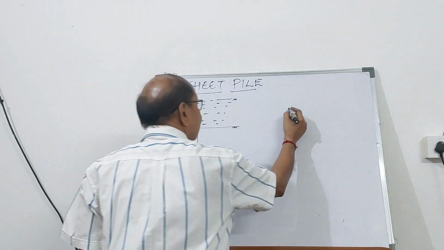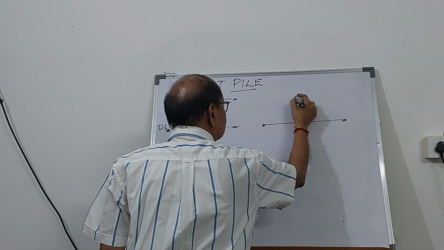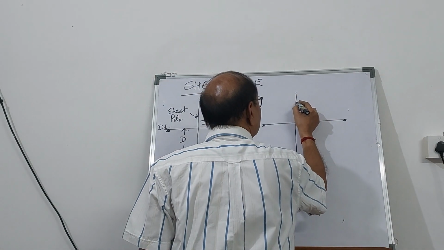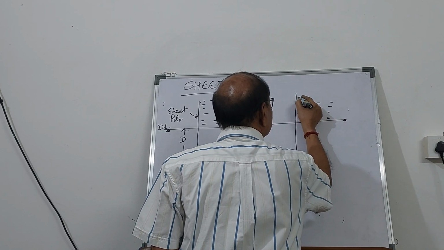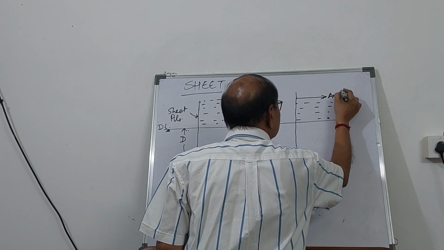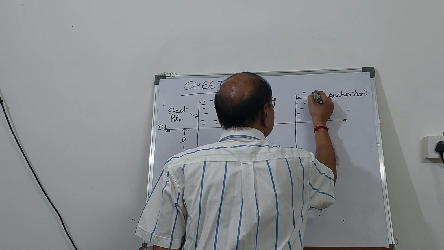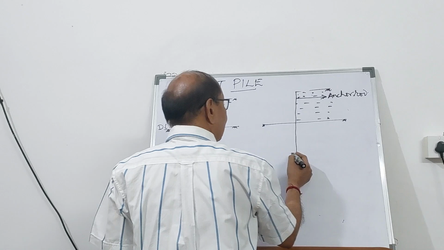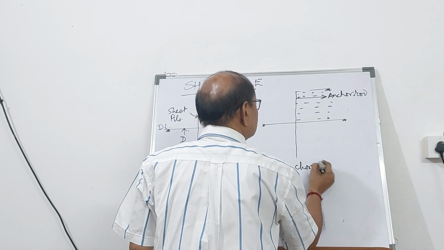But if you put it here, let's say this is the ground, and you have driven it into the ground, and then you have backfilled it with sandy soil, and then if you put an anchor rod and then again backfill it, this type of sheet pile is called anchored bulkhead.